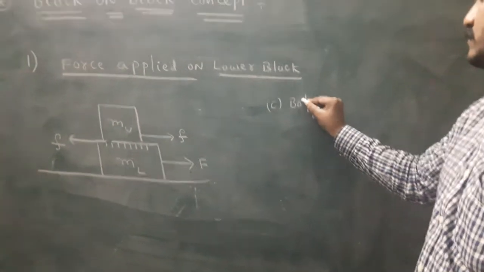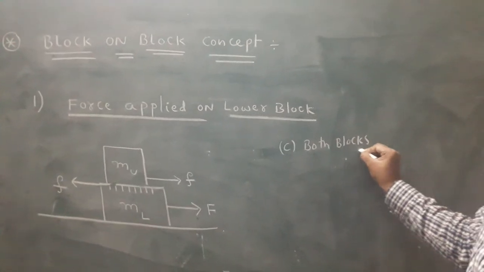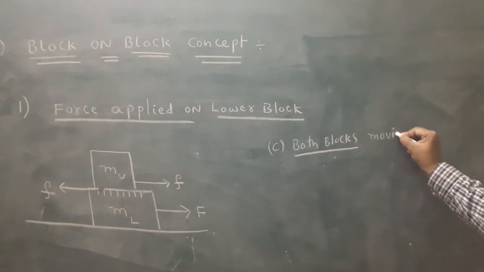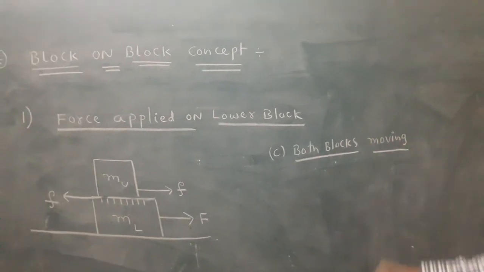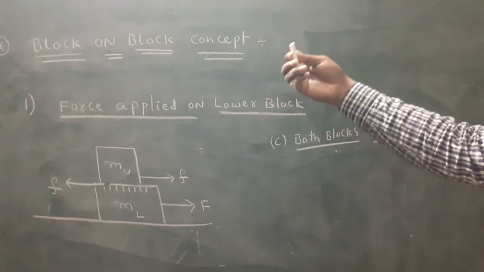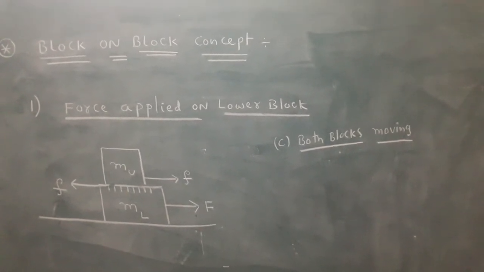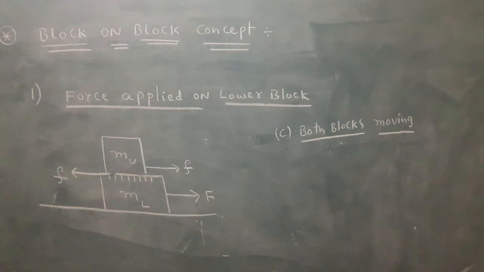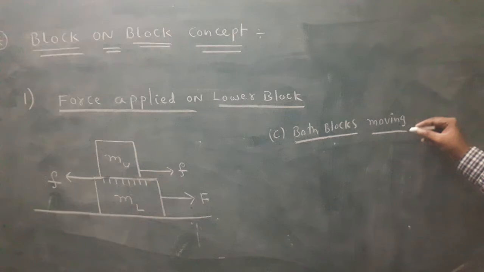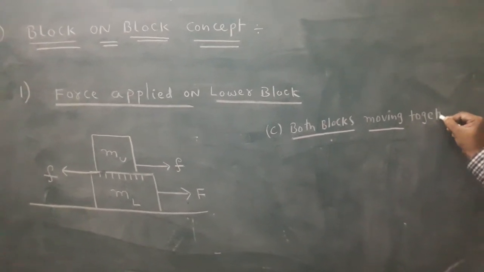Both blocks move together. Common acceleration is to be determined. In the previous question A and the previous question B, the two bodies have different accelerations. Acceleration of the upper block is determined. Acceleration of the lower block is determined. But in this situation, both the blocks move together.